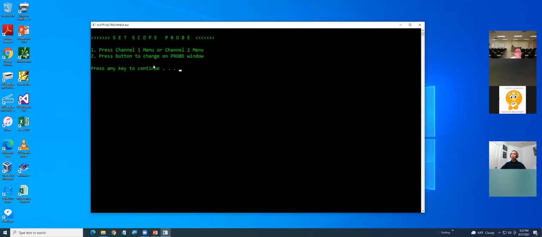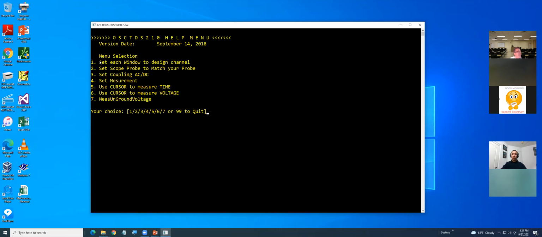Press the button to change on the probe window. You understand, your oscilloscope probe setup has to match your scope probe: by 1, both have to be by 1, or by 10, both have to be by 10.